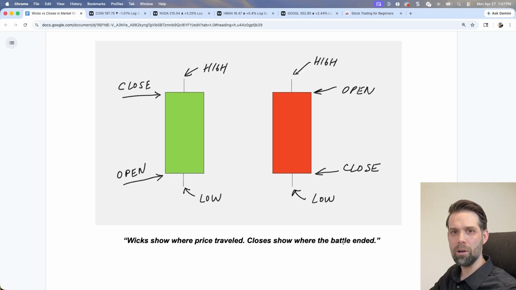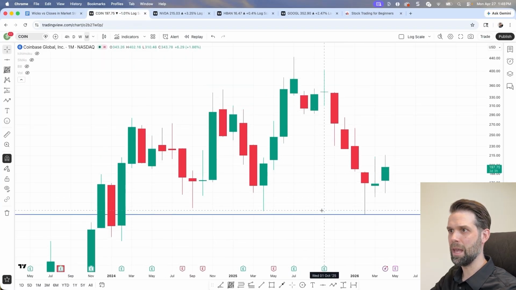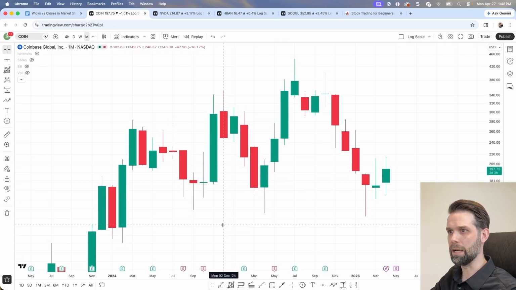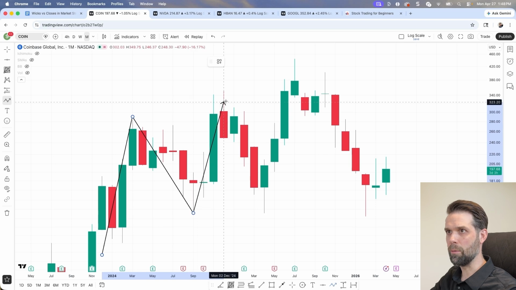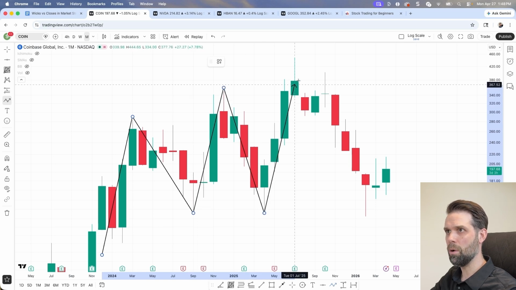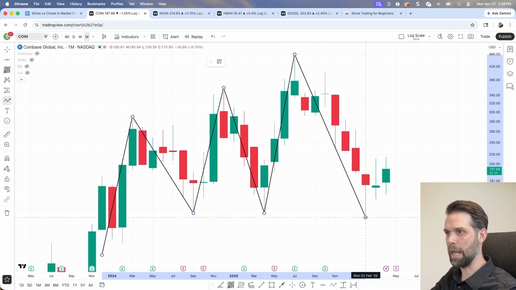So when we are looking at market structure, we want to look where the present day candles close in relation to the prior lows of the market structure. So if we jump back over here, and we visually put on a path tool and look at the market structure, we can see that from this lower area, we make a high and a low, and a high and a low, and a high and a low.